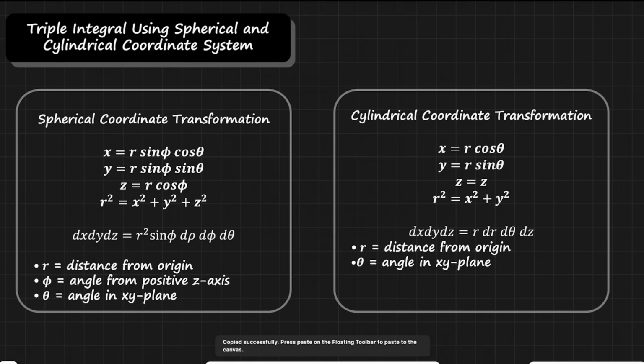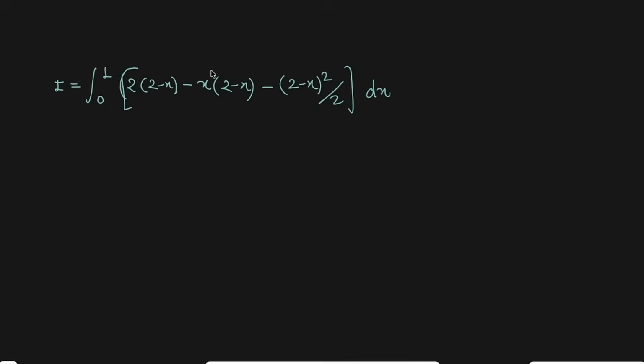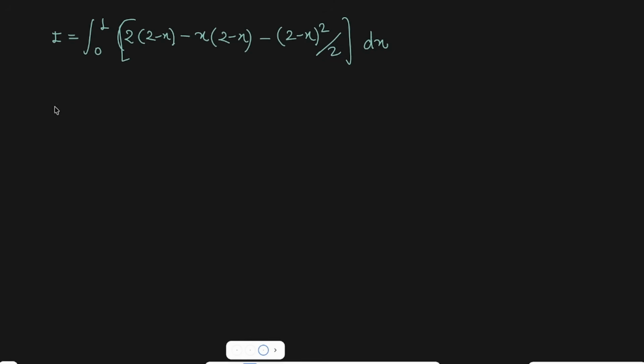Okay, so wait, yes, so this is my integral. Now how to solve this integral? Just simplify. This is 0 to 1, this is 4 minus, when you will multiply, this will be 2x, this will be 2x plus x square. Okay, this is 1 by 2. Okay, then it is 4 minus 2 into 2, that will be 4x plus x square.